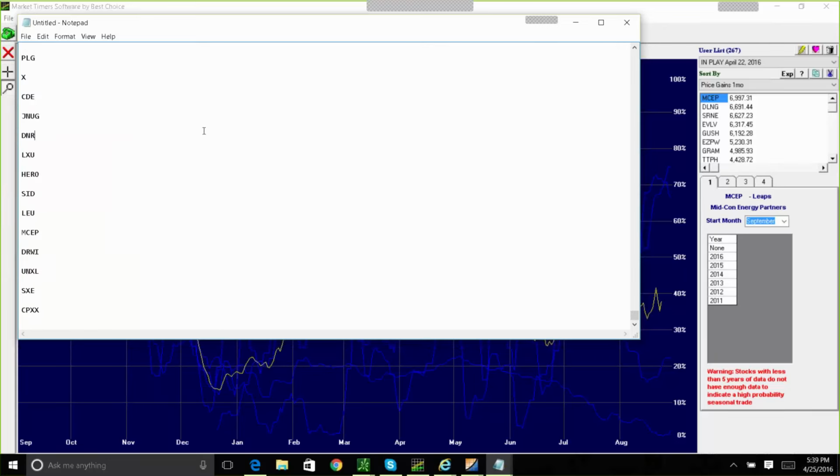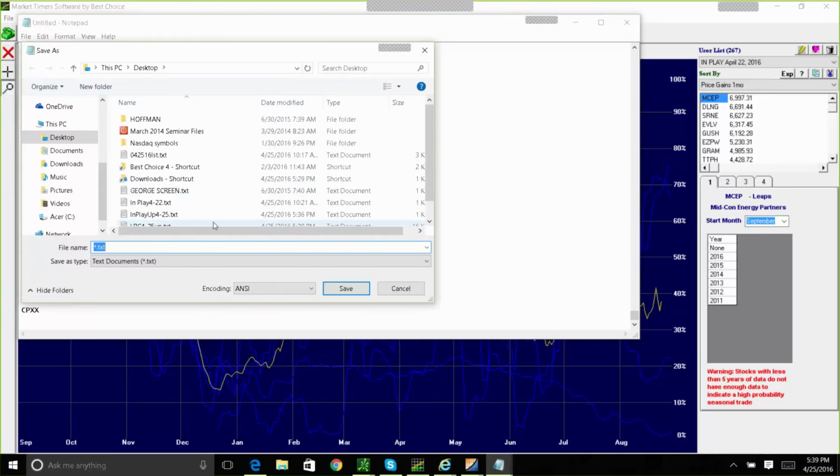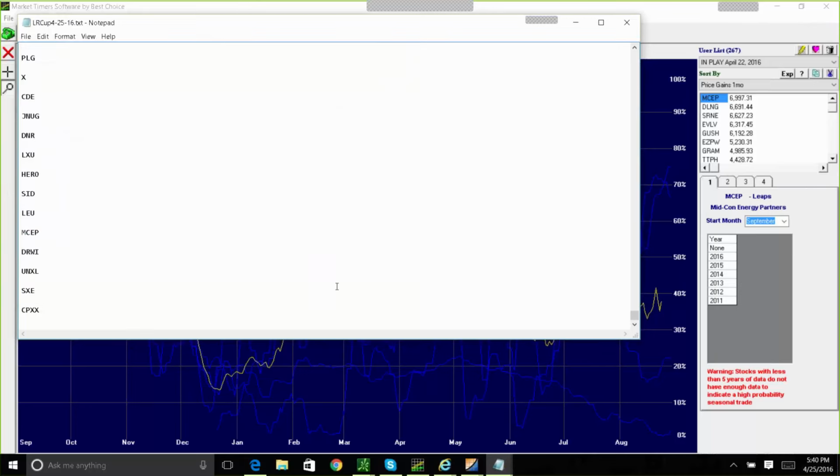So these are the ones that are up over 100%. Silver, some US steel, PLG is platinum. So again, a lot of basic materials. There's Dragon Waves, Unipixel. Okay, so I'm going to save this, and we're going to call this LRC up. Okay, so that's now been saved.